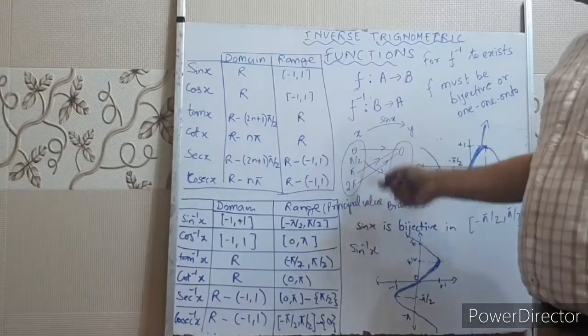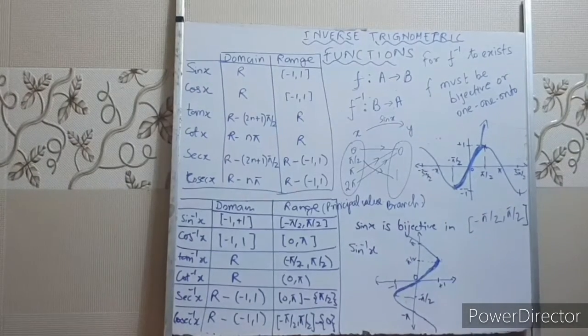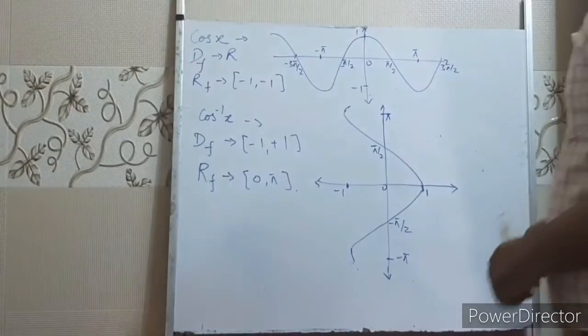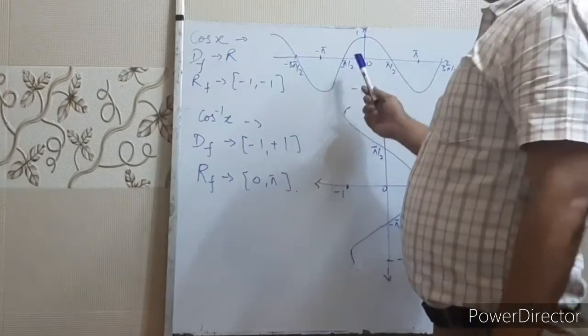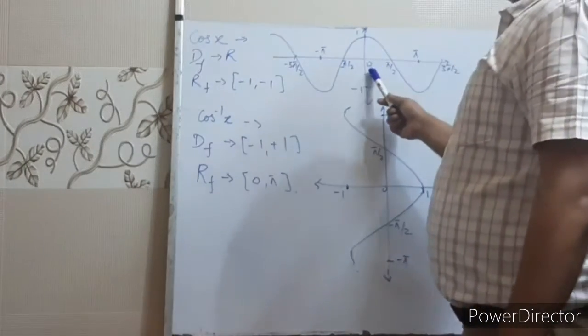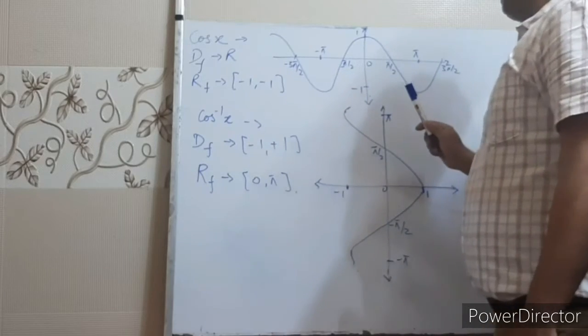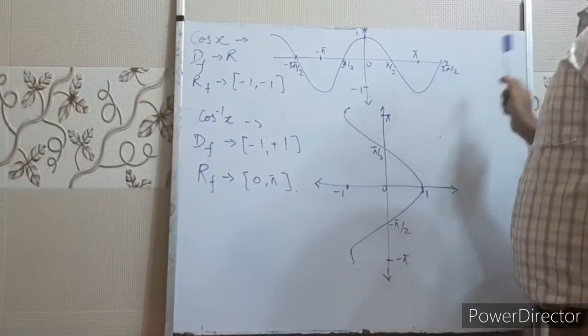Now you can take a screenshot or note down in your notebooks. Okay, now see the graph of cos x. The graph of cos x: cos 0 has value 1, cos 90 has value 0, cos 180 has value minus 1, and it is a continuous graph.